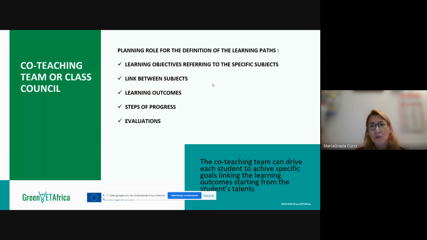Because we are talking about something that is defined inside the school, the first role in defining the learning path is related to the ability of the co-teaching team to define learning objectives referring to the specific subjects that are taught inside the school.